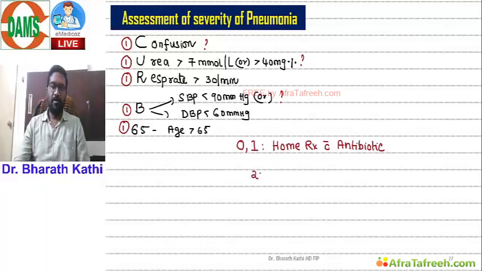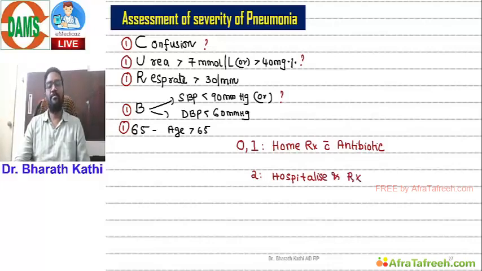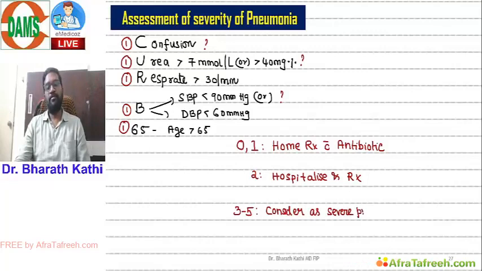If score is 2, this patient requires hospitalization. Hospitalize and treat the patient. If score is 3 to 5, you have to consider this as severe pneumonia.